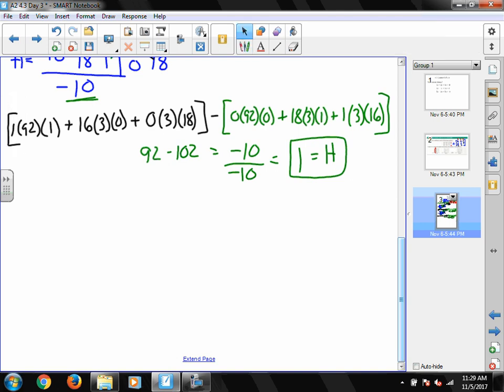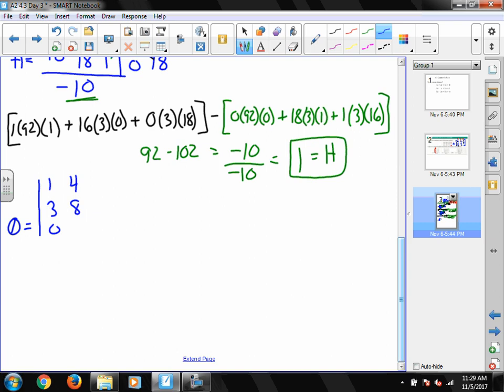And lastly, we got to do oxygen. So again, A stays the same except for the oxygen column. That's what is going to get replaced. So I have 1, 3, and 0. I have 4, 8, and 2. Now, oxygen was my third column.